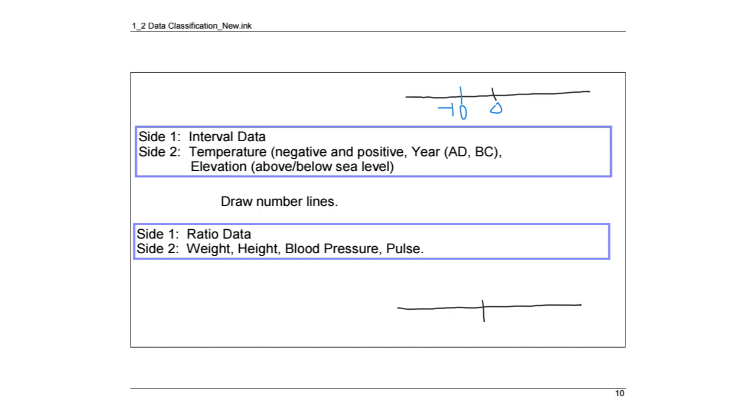Or we could have a temperature over here at 30 or way up here at 97 like we had yesterday. So the point is we have numbers on both sides of 0. 0 doesn't mean that we don't have a temperature. We have a temperature, but the temperature is 0 on the scale of things.